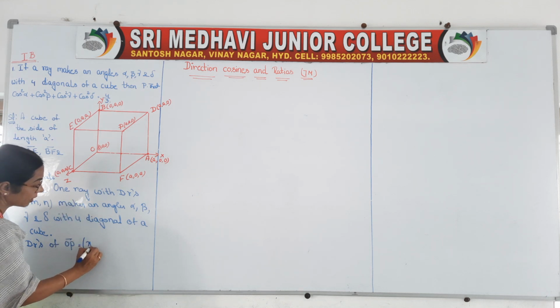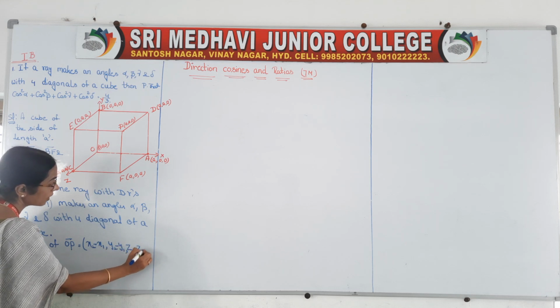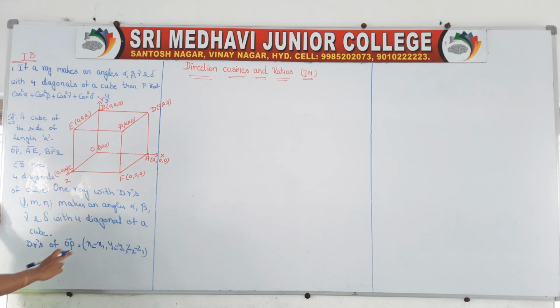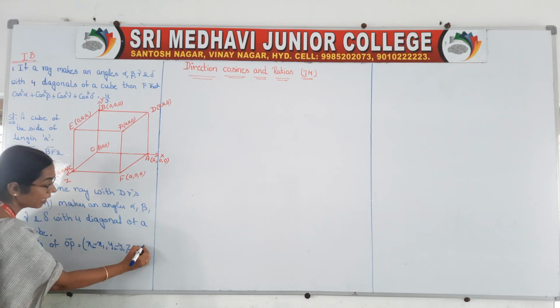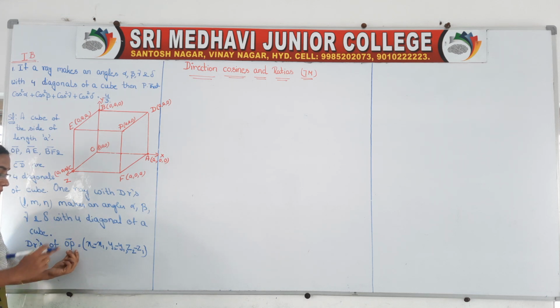The formula is x2 minus x1, y2 minus y1 and z2 minus z1 are the direction ratios of OP bar, where x1, y1, z1 are the coordinates of O and x2, y2, z2 are the coordinates of P.